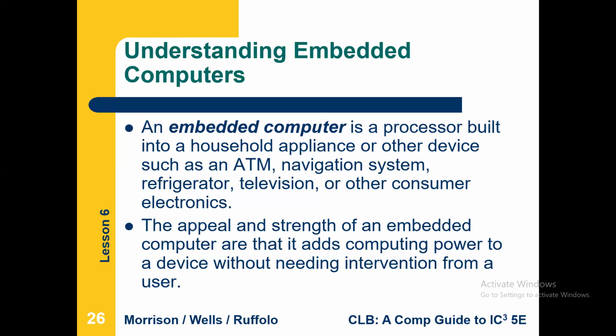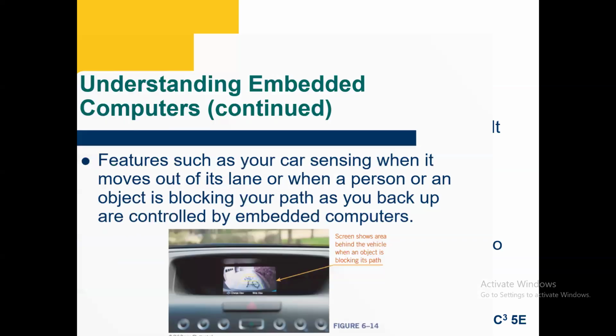So you can set all of these things through the software that is being embedded into some of these electronic gadgets. So most of them are known as the embedded computers.